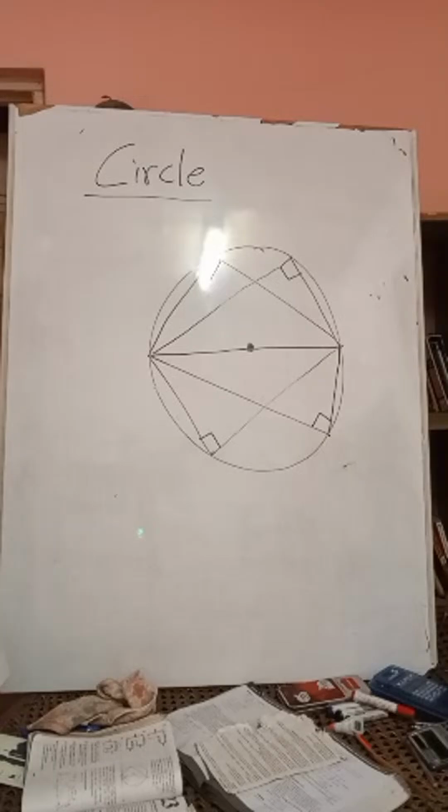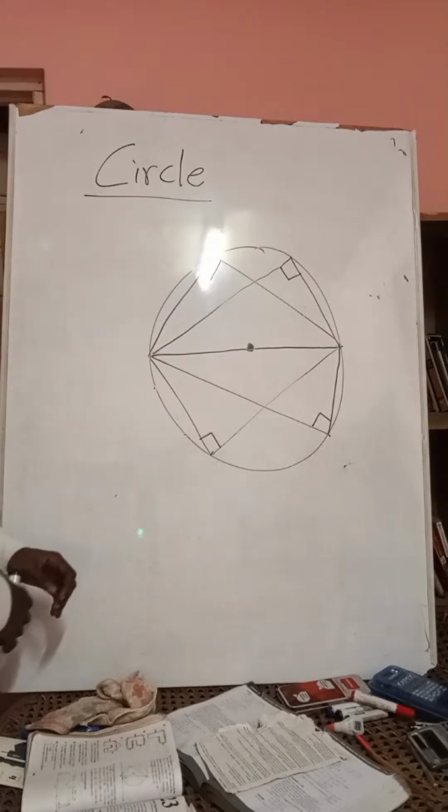So you can say that when you have two chords, or when you have a triangle where the base is a diameter, and then its vertex touches the circumference, then it leaves two chords.